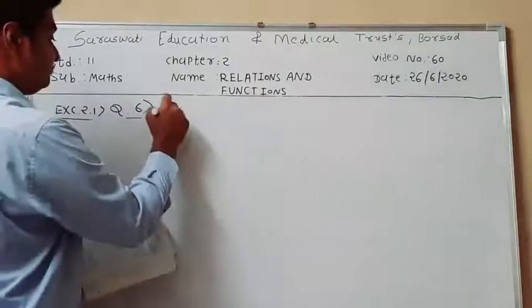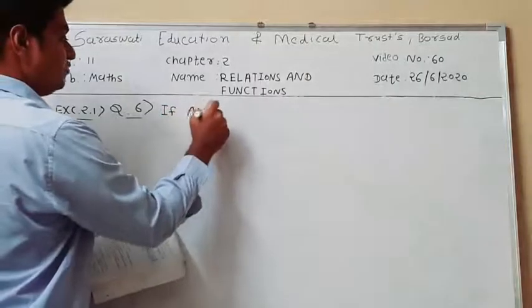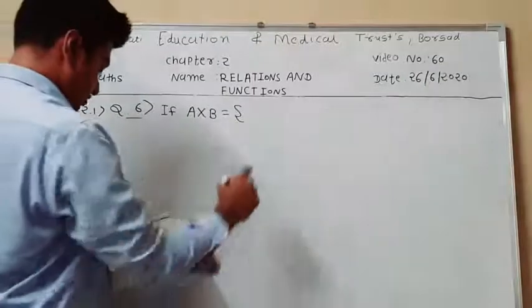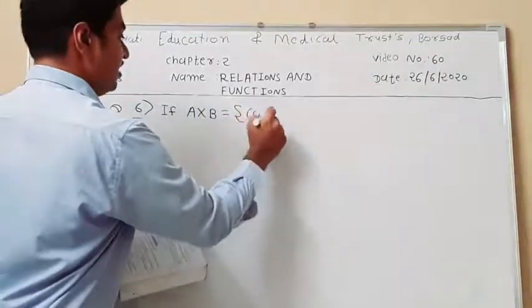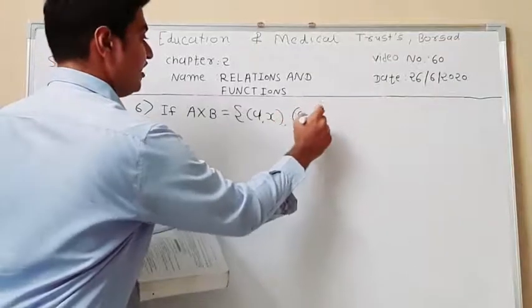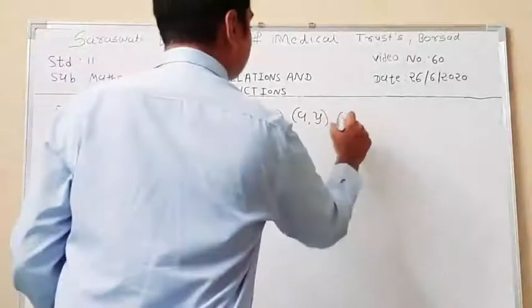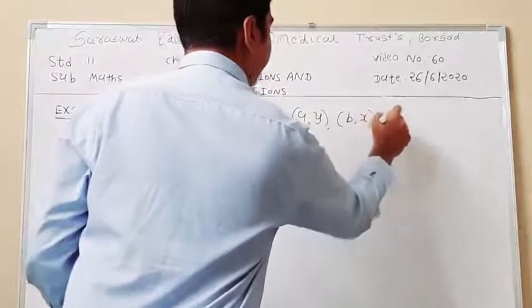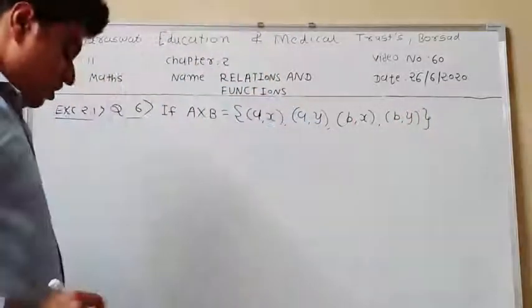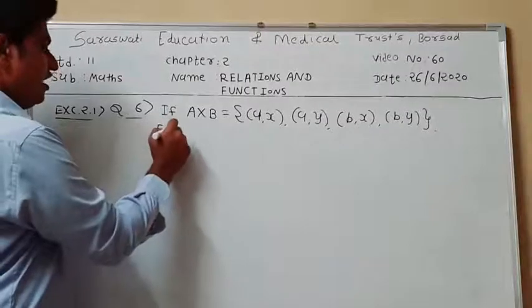If A Cartesian product B is equal to {(a, x), (a, y), (b, x), (b, y)}, now our question is to find A and B.